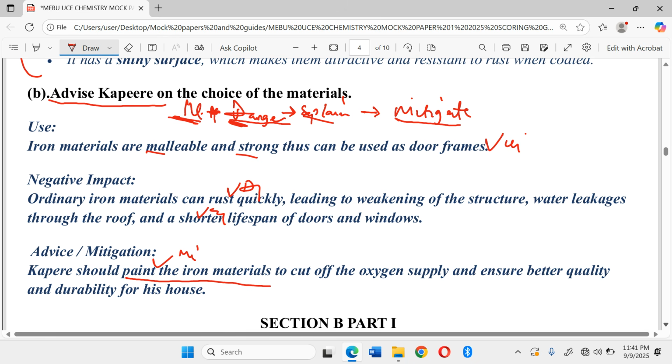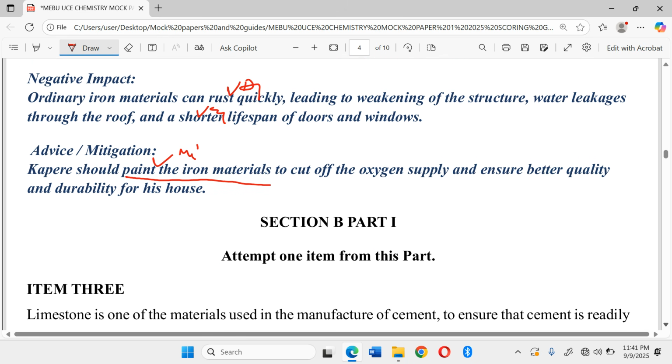Let's go direct to section B. As I said, we shall be looking at all these items very fast, such that we use the smallest possible time to accomplish all the tasks. So in section B part 1, a learner is supposed to attempt only one item.